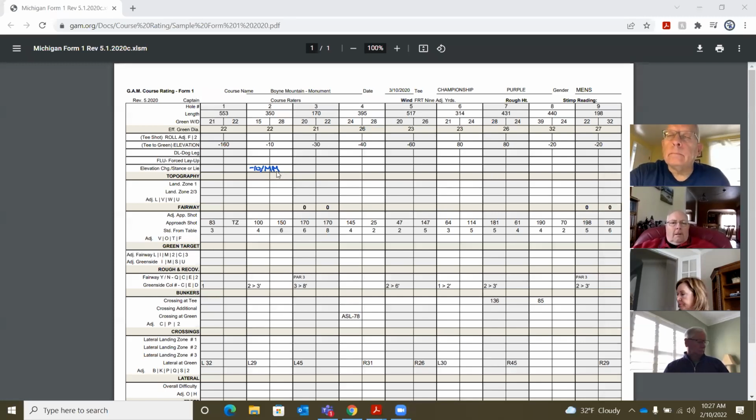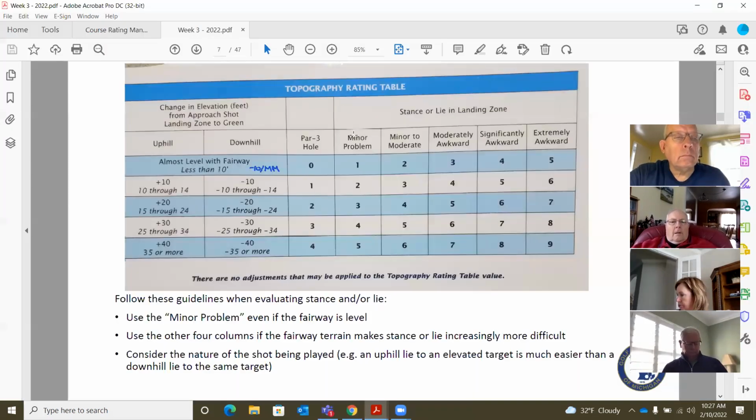All right, so we've got -10 and a minor to moderate problem. That's what that MM stands for. And when we go back and look at our chart, we see that a -10 and a minor to moderate problem is going to get us to a value of 3 here.